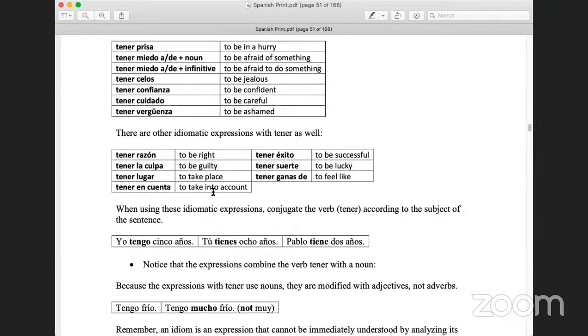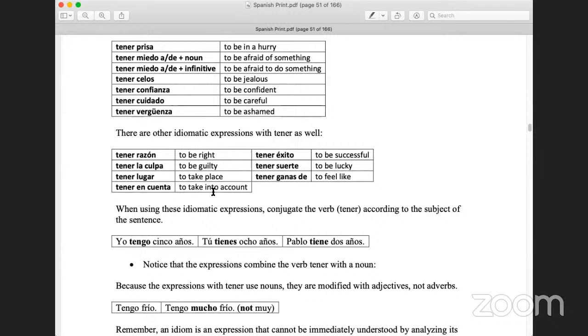Okay, there are other idiomatic expressions with tener as well. So, to be right, tener razón, that means to be right. Tengo razón, I'm right. Tener la culpa, to be guilty. Tienes la culpa, you're guilty.